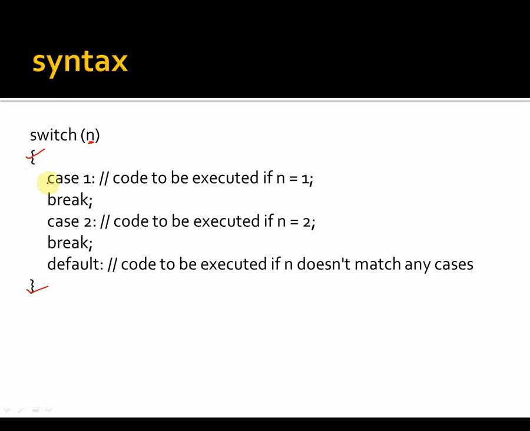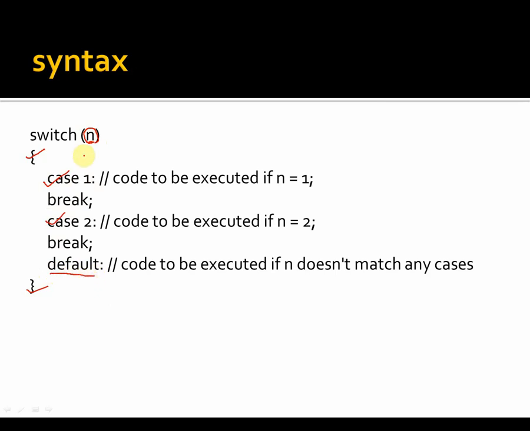The switch can have multiple cases. These cases are nothing but different parts, I would say. At one point in time you will execute one of the cases. Which case to execute depends on what value this variable n takes. Say you have case 1, case 2, case 3, case 4, and the last one is a default case.